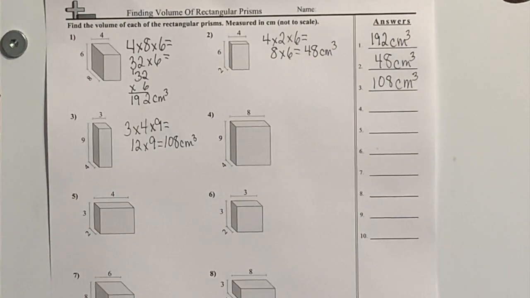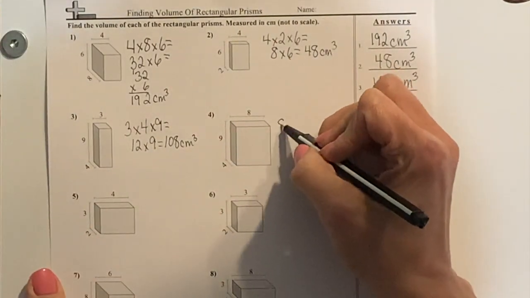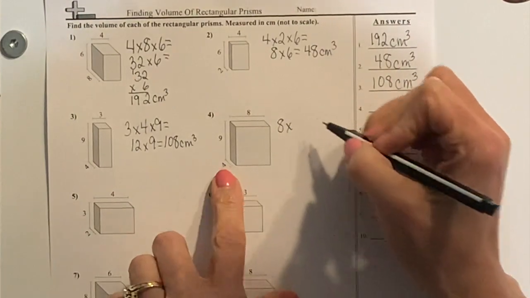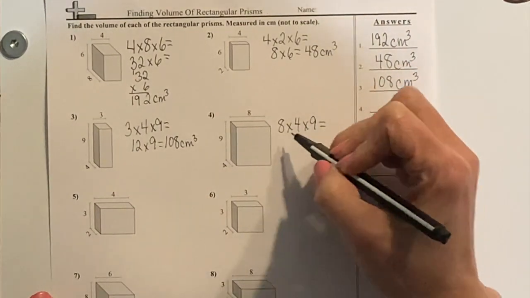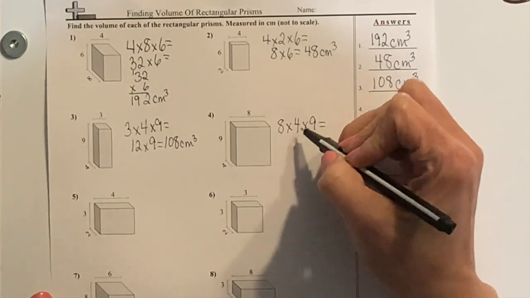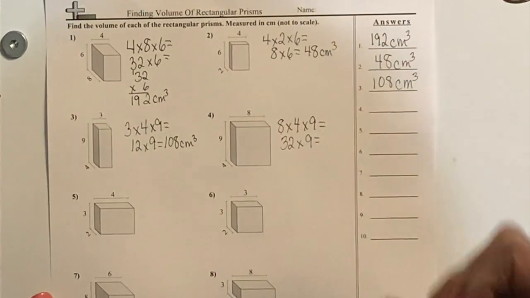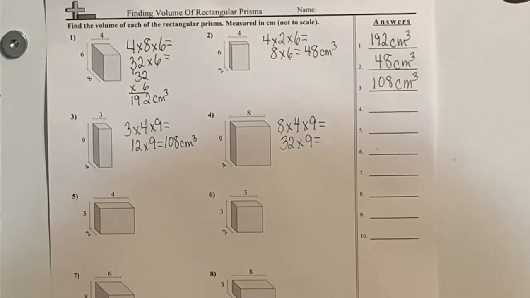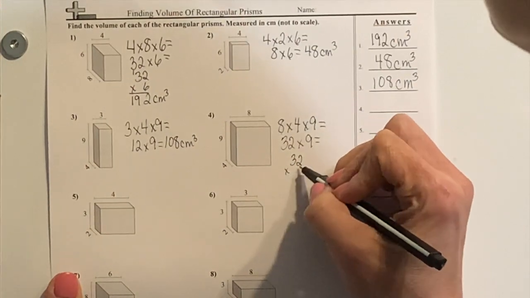So hopefully you're starting to see the process. You're starting to see how I'm using the formula in order to find the volume. All right, so my length this time is 8, my width is 4, and my height is 9. Left to right, 8 times 4 is 32. 32 times 9. Again, that's a little long for me, so I need to go ahead and write it up and down.